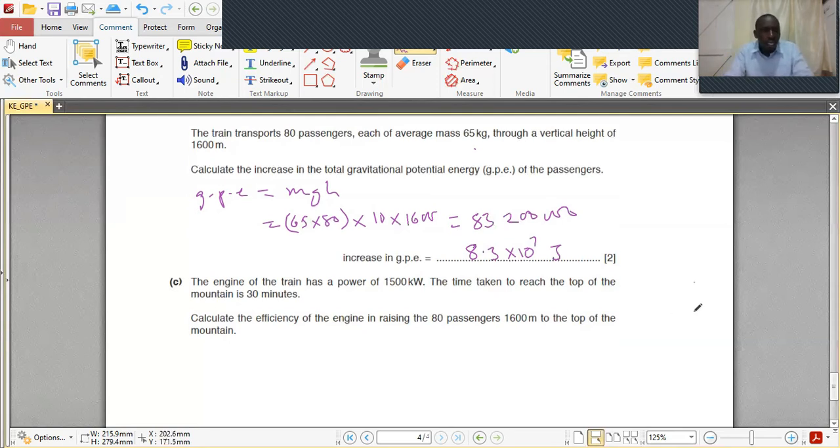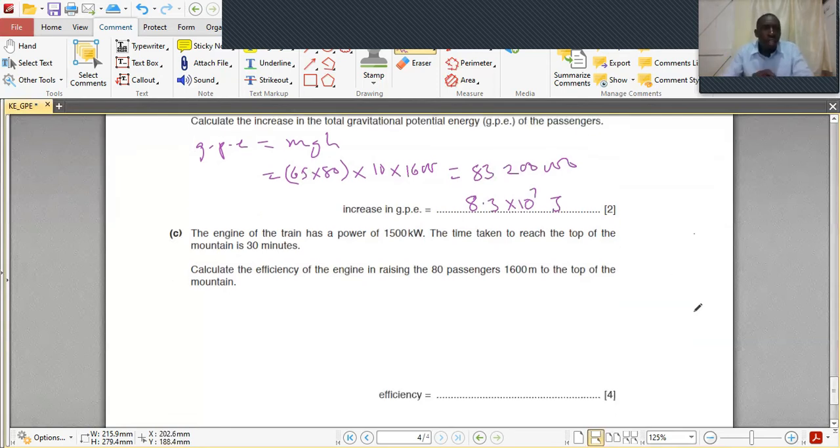Now, part C of the question, the engine of the train has a power of 1,500 kilowatts. The time taken to reach the top of the mountain is 30 minutes. Calculate the efficiency of the engine in raising the 80 passengers 1,600 meters to the top of the mountain.